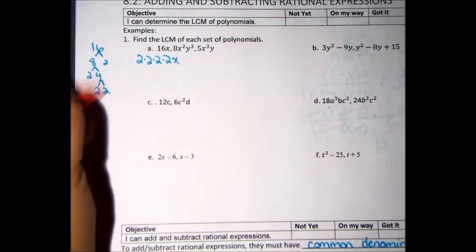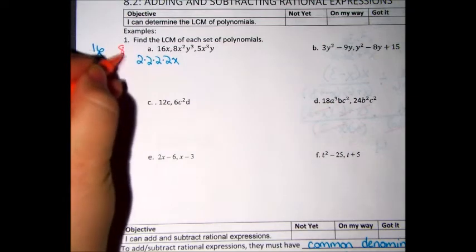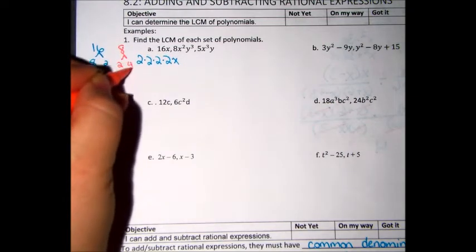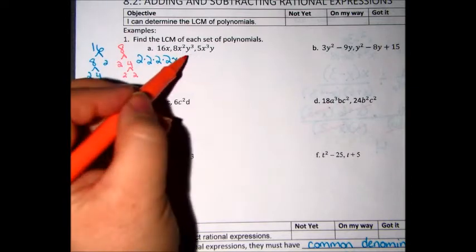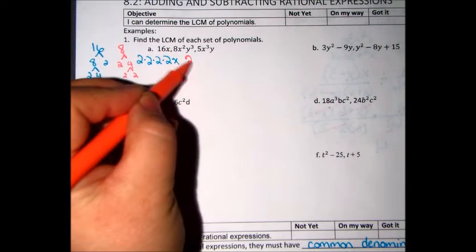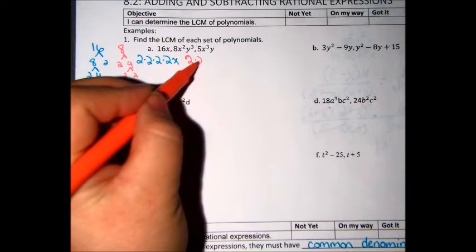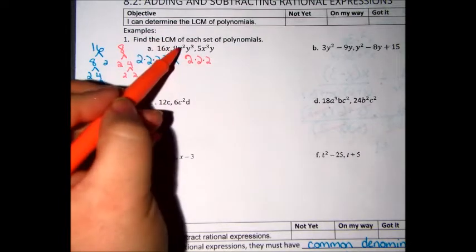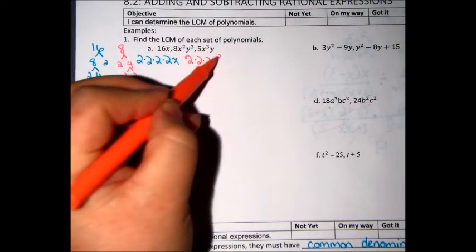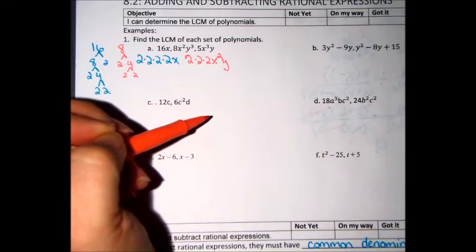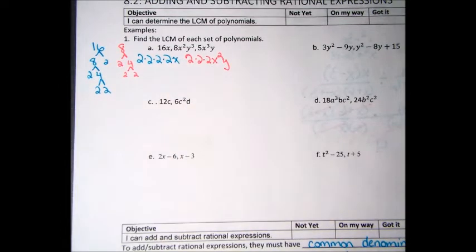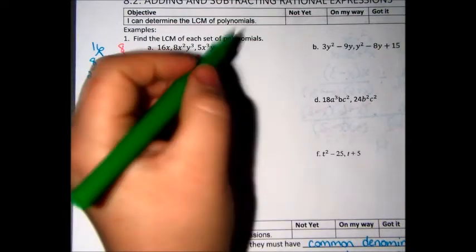The prime factorization of 8 is 2 times 2 times 2, and I have an x squared, which you can rewrite as x times x, and a y. And 5 is already prime, so there's not any tree to make.